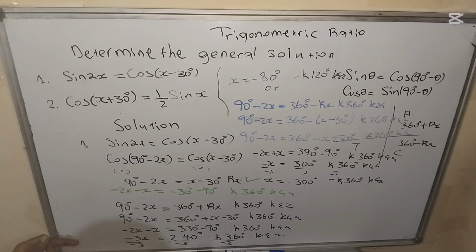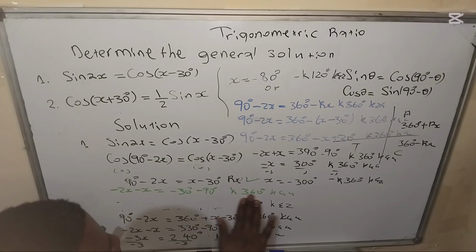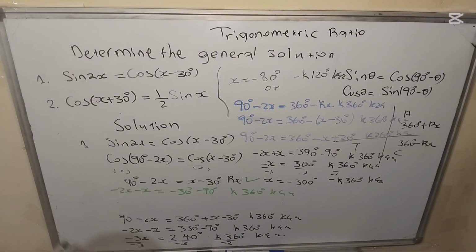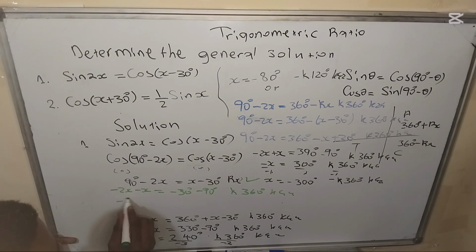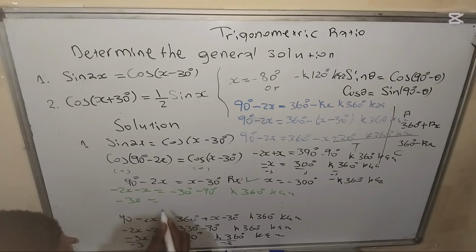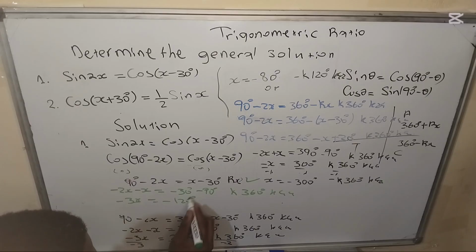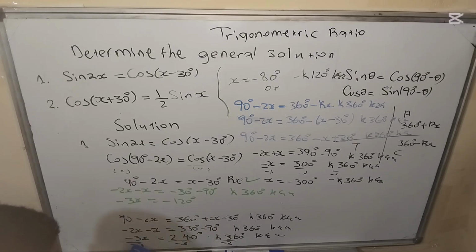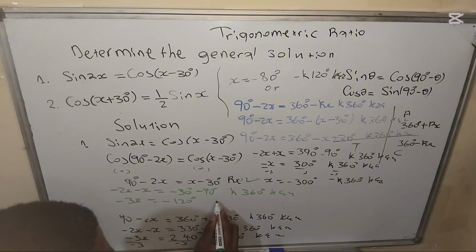Then simplify your equation. We have minus 3x equal to minus 30 degrees minus 90 degrees, which is equal to minus 120 degrees, because negative 30 degrees minus 90 degrees is equal to negative 120 degrees.